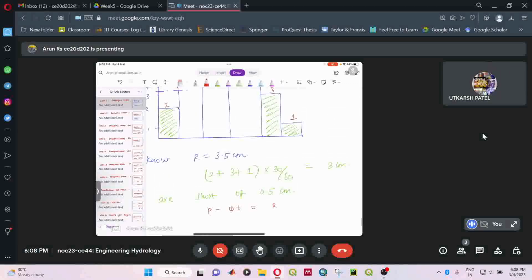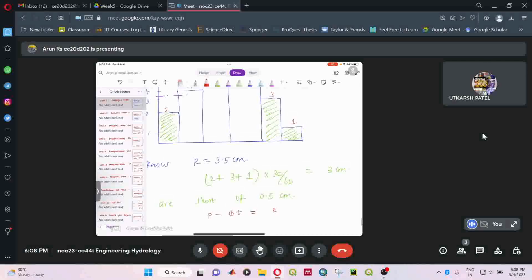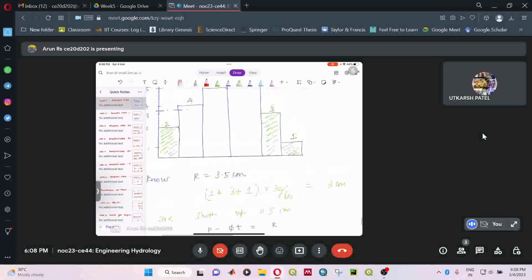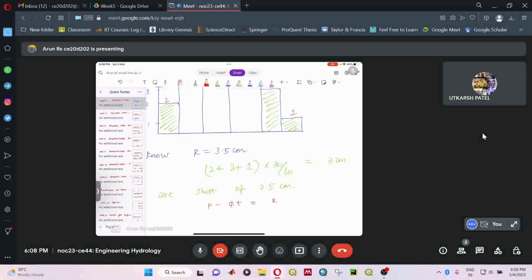So what I am doing is, I am calculating what this phi t basically is. The blocks which I eliminated, 2, 3 and 1, I am subtracting from the precipitation, and if I do that, I end up with 3 centimeter. But we are short of 0.5 centimeters, right?